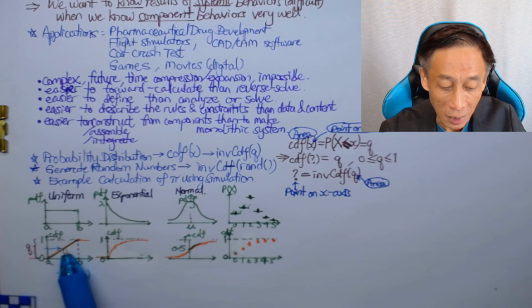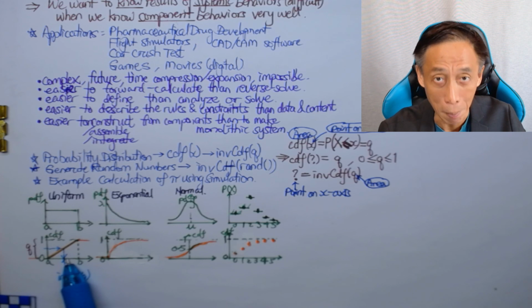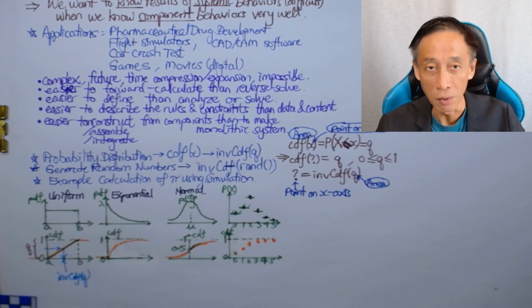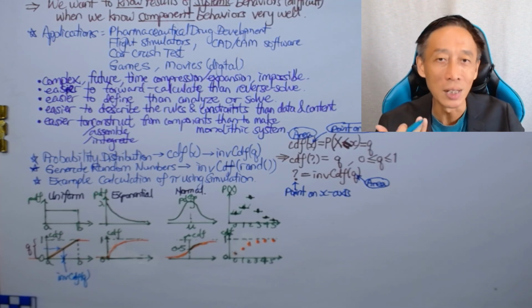This mechanical action is very visually simple. You just shine a laser beam, very sharp, accurately defined beam, and once it touches the orange CDF curve, you reflect 90 degrees downwards. That will be the inverse CDF value.